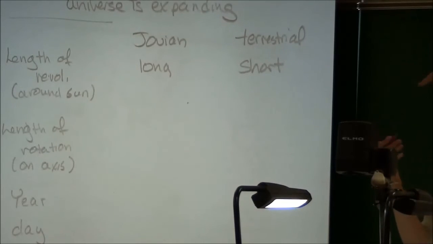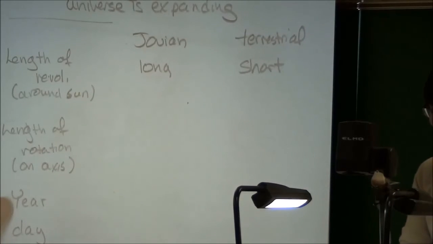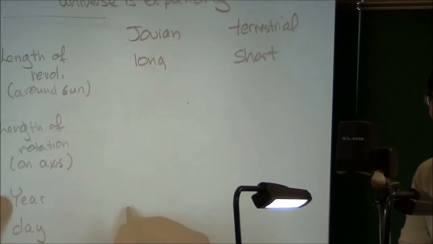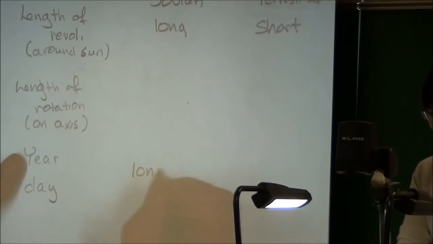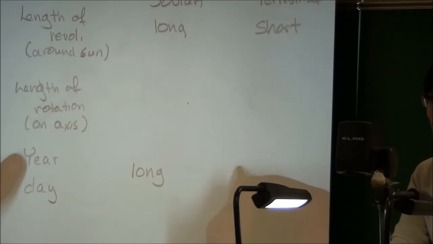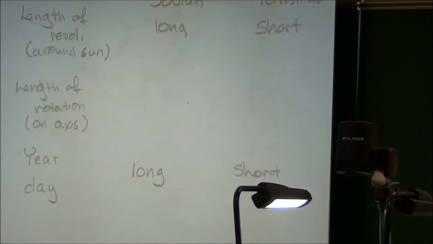It's a local year. So a Jovian year is long, and a terrestrial year is short. Excellent.